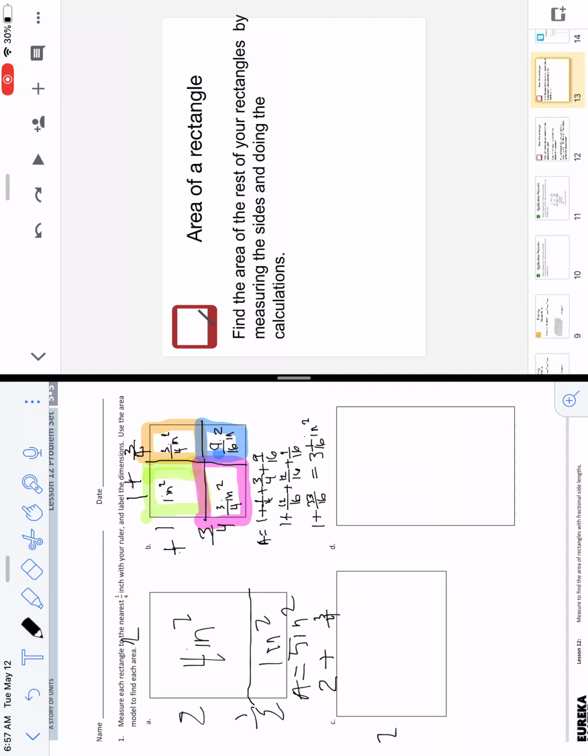And this one is 2 1/4 and 3 1/4. So I want you to calculate the area of these two squares by yourself. You can go ahead and pause the video to calculate this area by yourself.